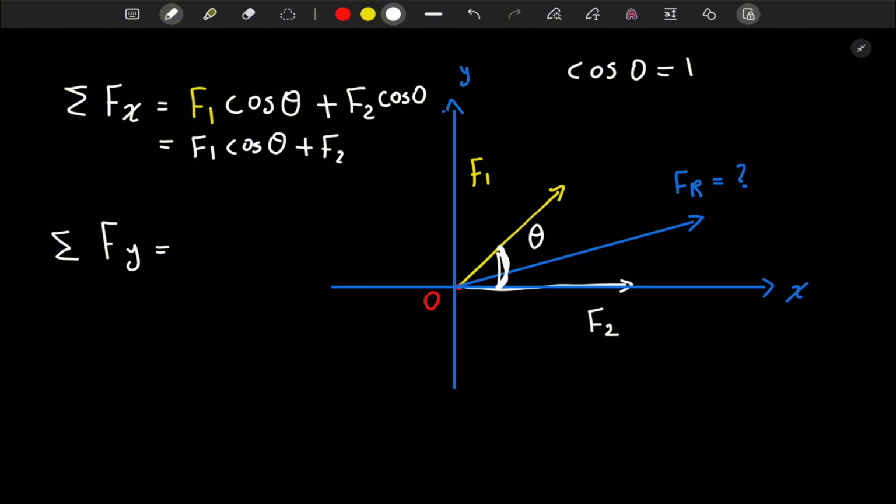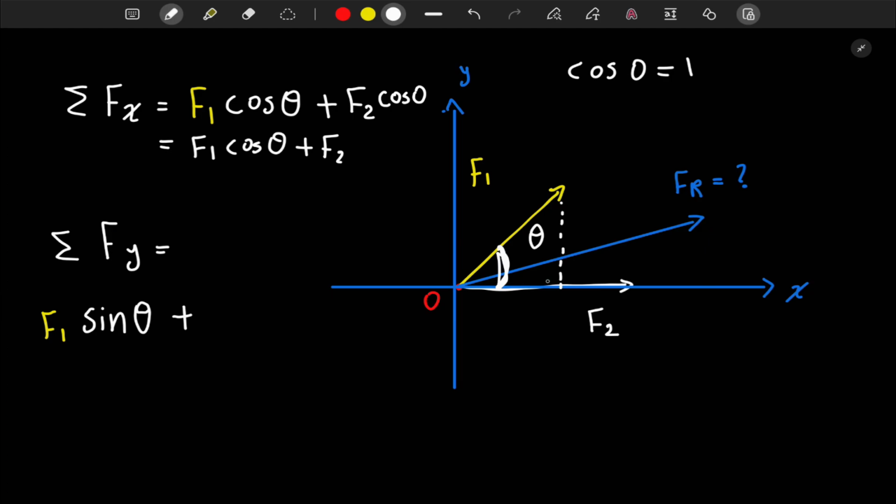The same concept as before, but this time we're going to have to take the vertical component of this force right here, which is going to be F1 multiplied by sine theta plus, what is the y component for this force right here?